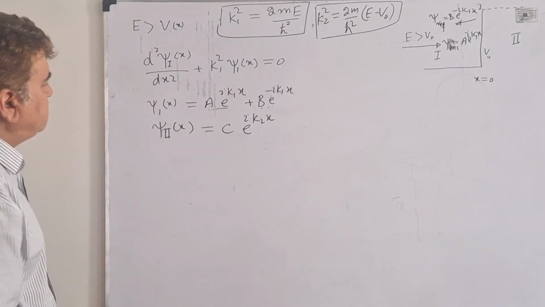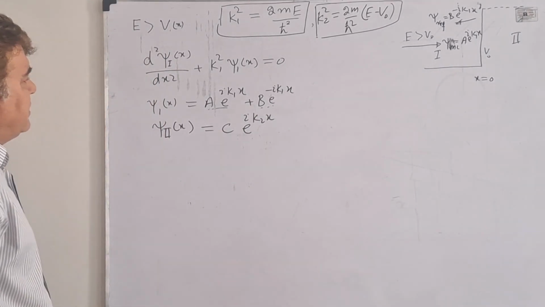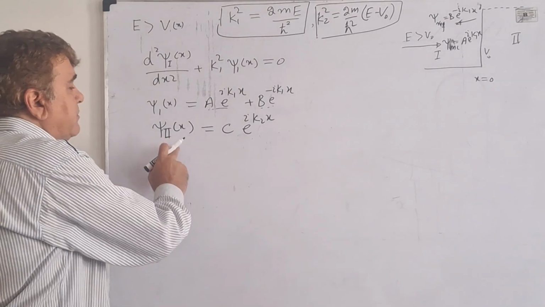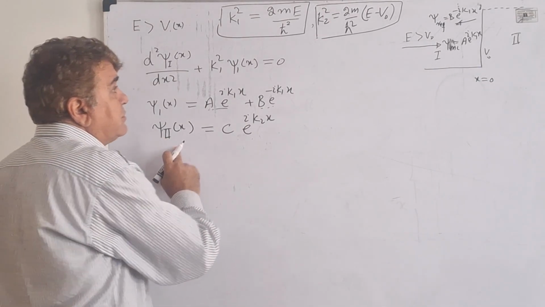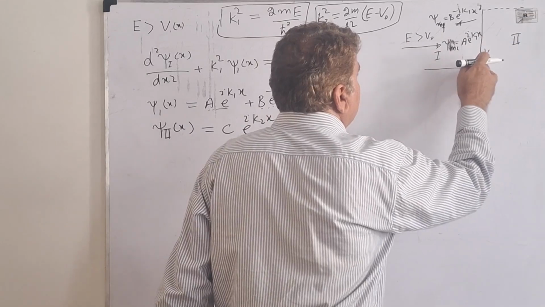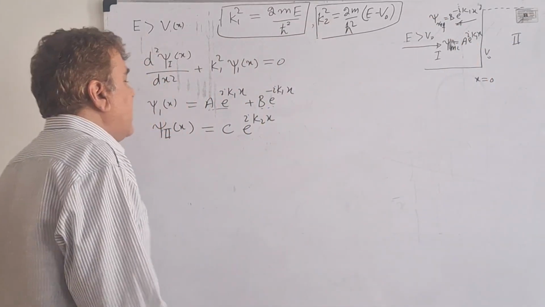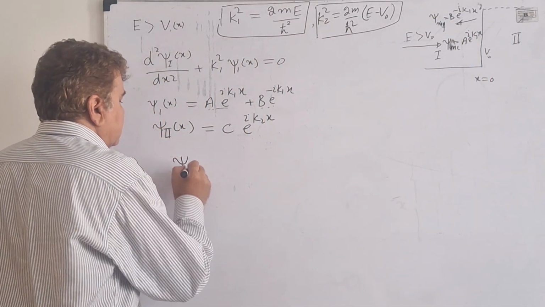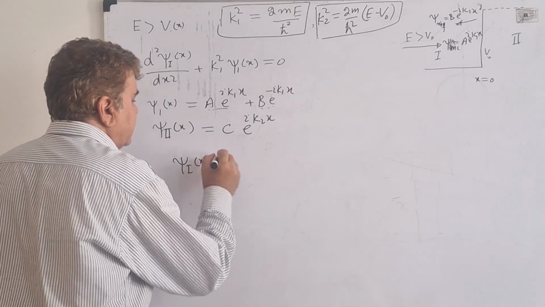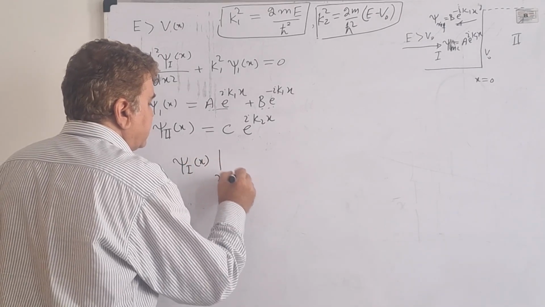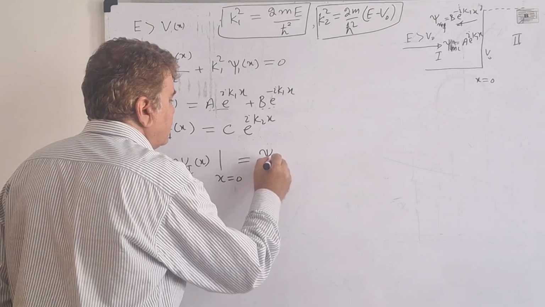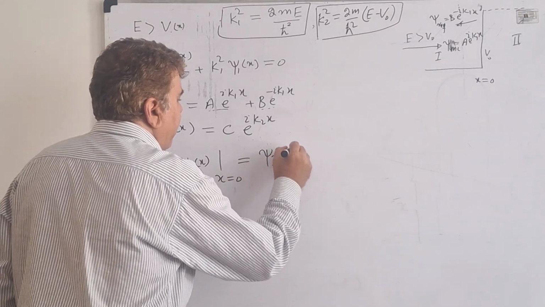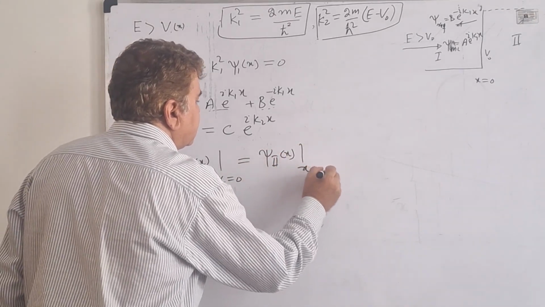Okay, now according to the continuity condition on the wave function, the wave functions in the two regions at the boundary must be continuous. That is, psi 1 of x at x equals 0 must be equal to psi 2 of x at x equals 0.